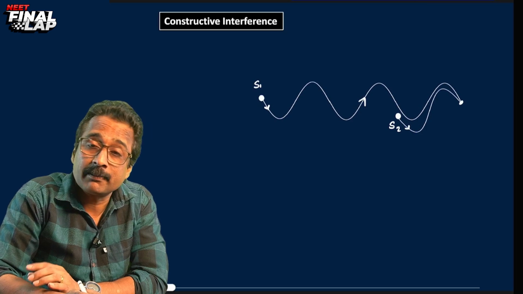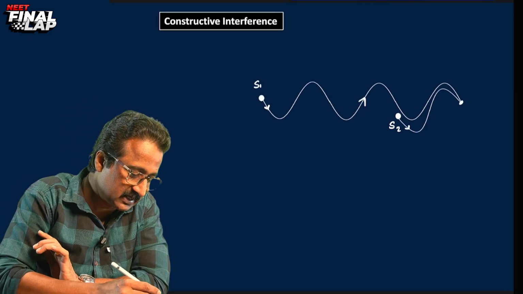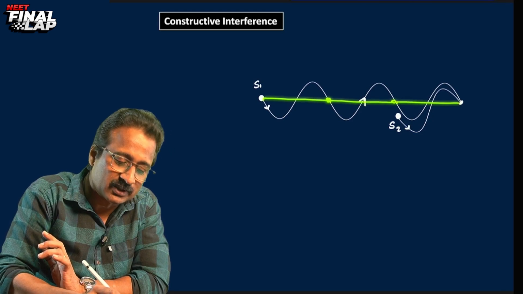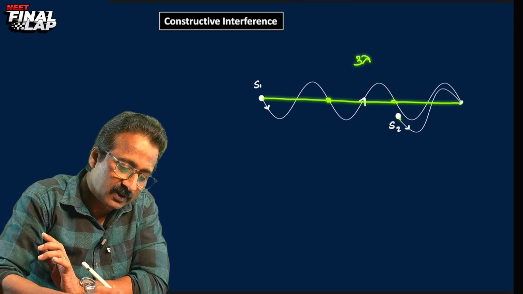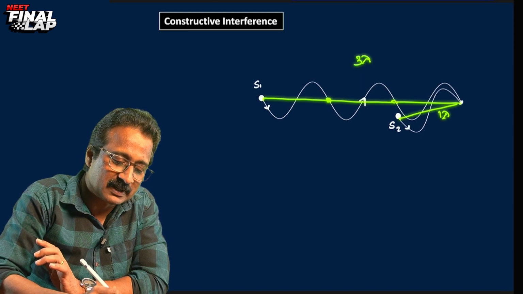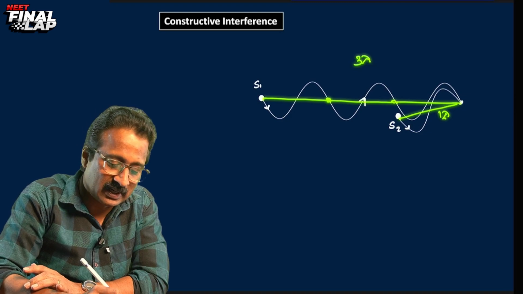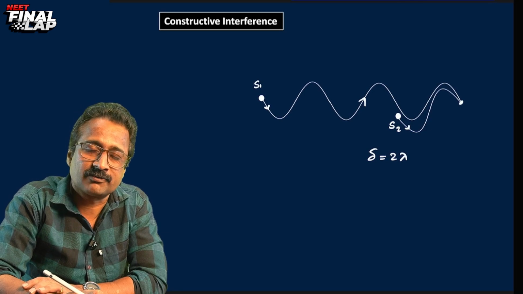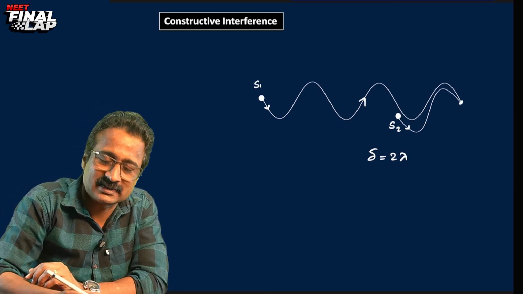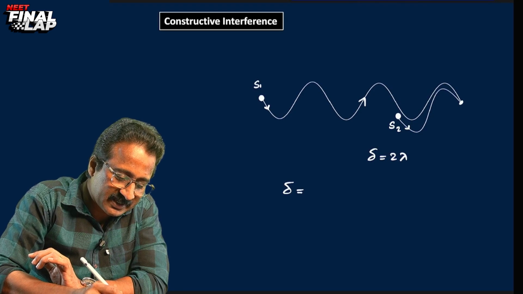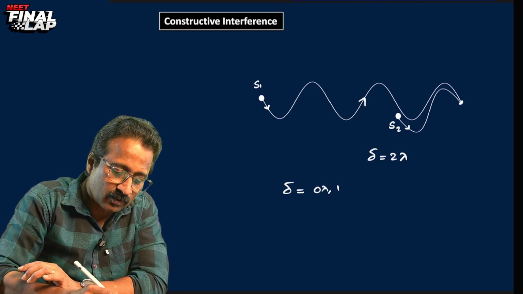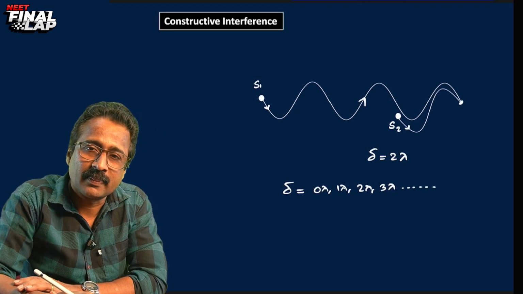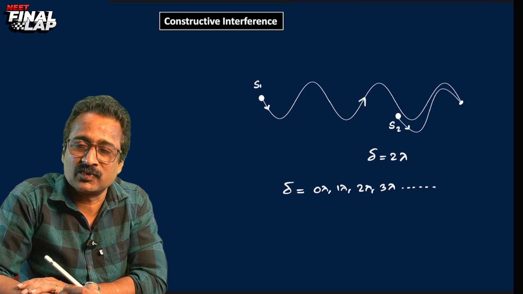The same thing can happen for path difference of 2 lambda as well, because look at the figure here. This is 1 lambda, this is 2nd lambda, this is 3 lambda totally. So total path length is 3 lambda. Here again this continues to be 1 lambda. Now the path difference is 2 lambda because 3 lambda minus 1 lambda. In this case the path difference is 2 lambda. Then again the interference is constructive. So I can generalize this now. If the path difference of two waves reaching at a point is either 0 lambda or 1 lambda or 2 lambda or 3 lambda or any lambda that belongs to the series, then the interference will be constructive.